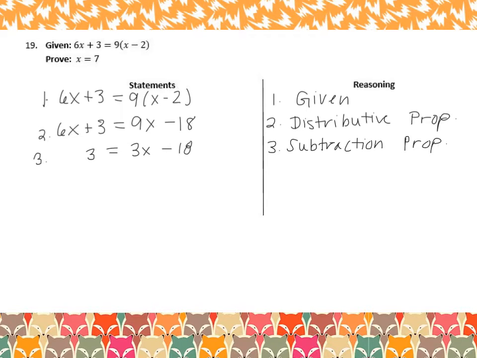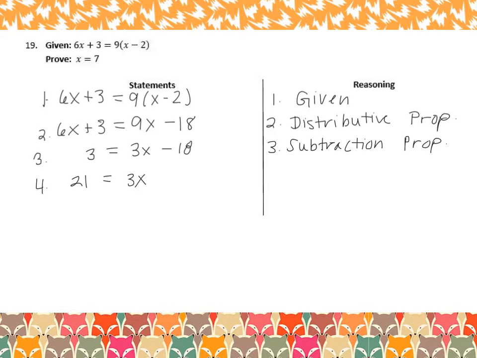All right, let's look at line number 4. Again, we think, what would we do to both sides here? If you're following these steps, you would probably add 18 to both sides next. When I add 18, 18 plus 3 on the left gives me 21, and on the right I now just have 3x.